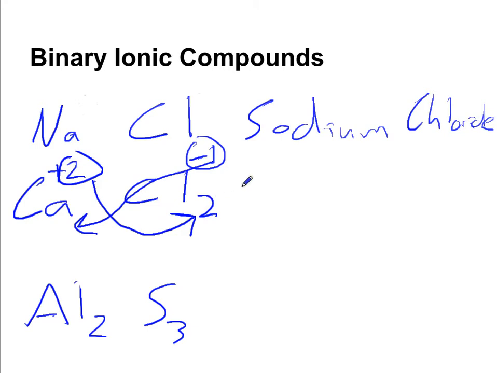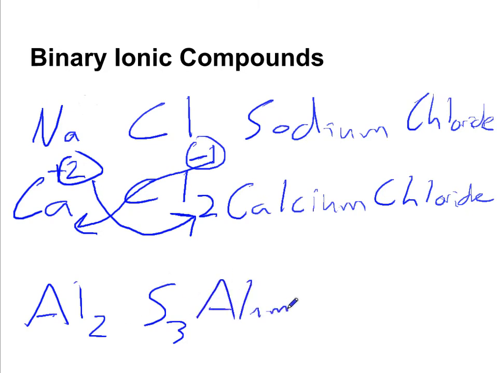Second one, it's calcium chloride. In this last one, we have an aluminum ion and a sulfide ion, so it's aluminum sulfide. These subscripts don't show up in the name of ionic compounds like they did in molecular compounds. So if you see prefixes, that's your clue that it's a molecular compound, not an ionic one.